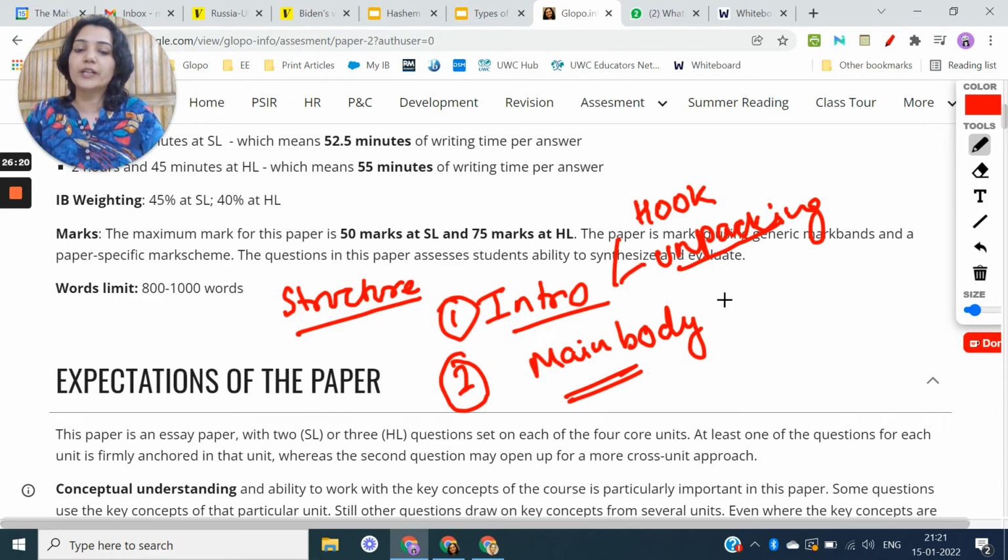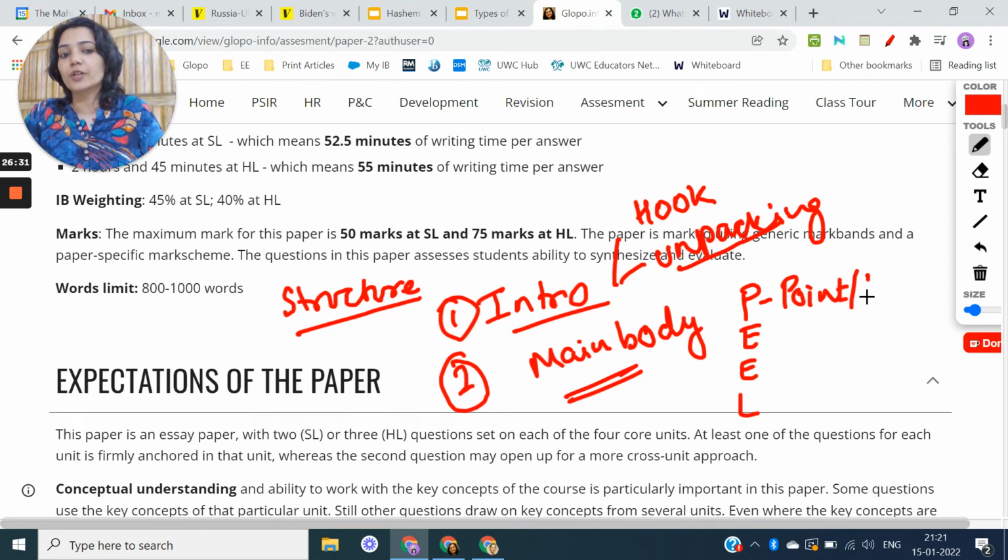Now in this main body, I give you a formula, P E E L. All right. P means point. You may call it point, you may call it thesis also, okay? You make a kind of argument over here which is connected to your question. Remember, which is connected to your question. What kind of argument you are making?